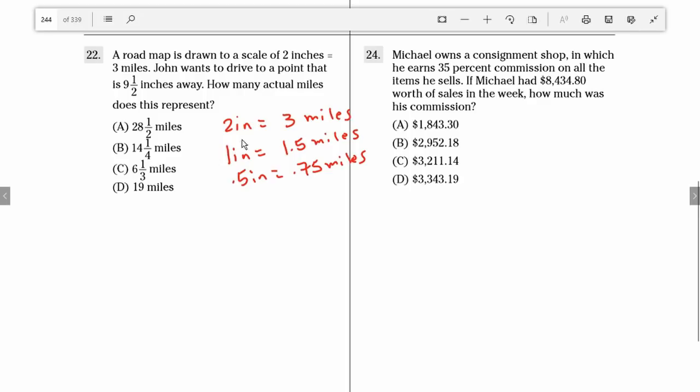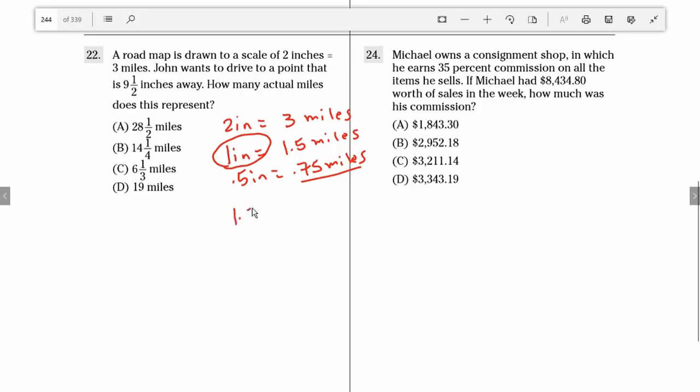I like to do this right off the bat, just do these quick conversions. That way I can actually use these when I'm working out the problem. So we're told that he wants to drive to a point that's 9.5 inches away. So I'm going to use this 1 inch equals 1.5 miles to find out how far 9 inches is. Then I'm going to add 0.75 to represent the half inch.